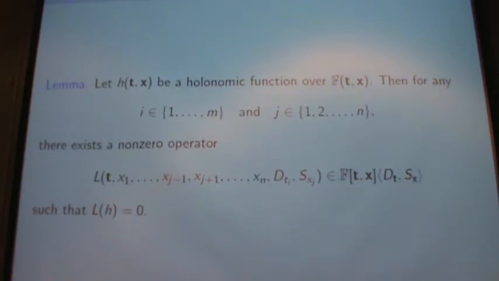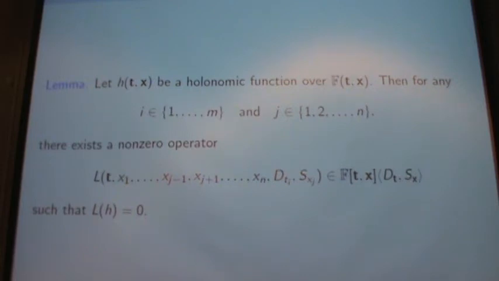The lemma says: if H is a holonomic function over a rational function field, then you can select any index with respect to the continuous variable and any index with respect to the discrete variable. Then, if this is holonomic, you can show that there exists a non-zero operator of this special form.